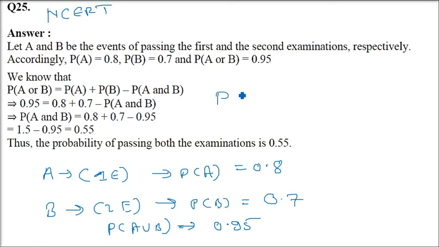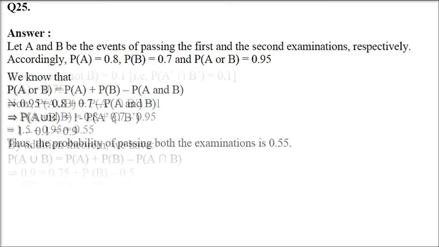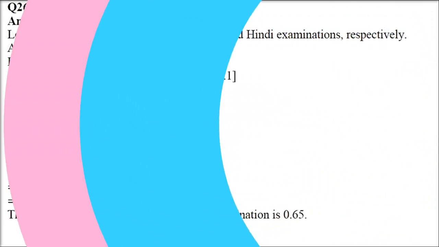Passing both means A intersection B. So this will be P(A) plus P(B) minus P(A union B). Just put these here. So P(A intersection B) you have to find out. It will be 0.8 plus 0.7 minus 0.95, which is going to be 0.55.